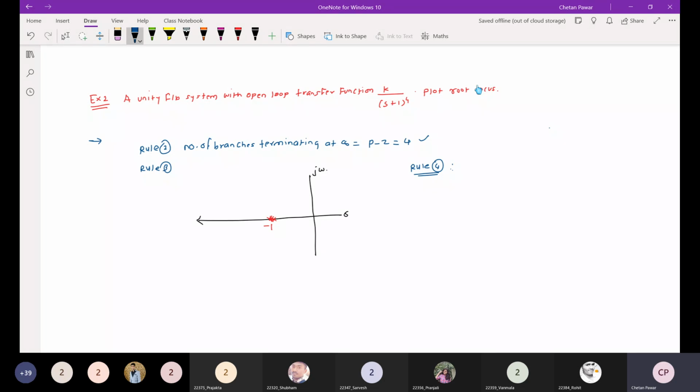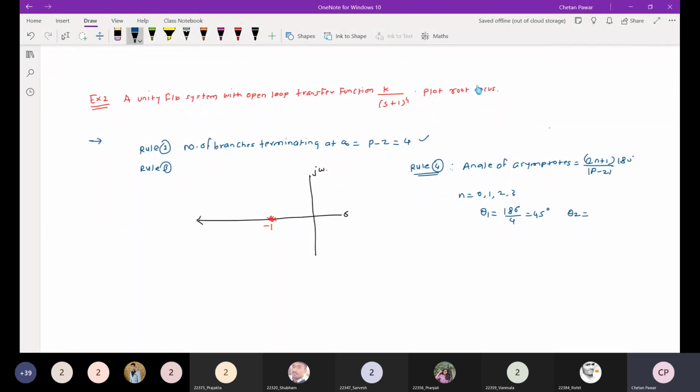So angle of asymptote will be (2n+1) upon number of poles minus number of zeros, into 180 degree. So n will vary from 0, 1, 2, 3 because there are 4 asymptotes, right? Number of branches terminating at infinity. So theta 1 will be 180 degree divided by 4, 45.